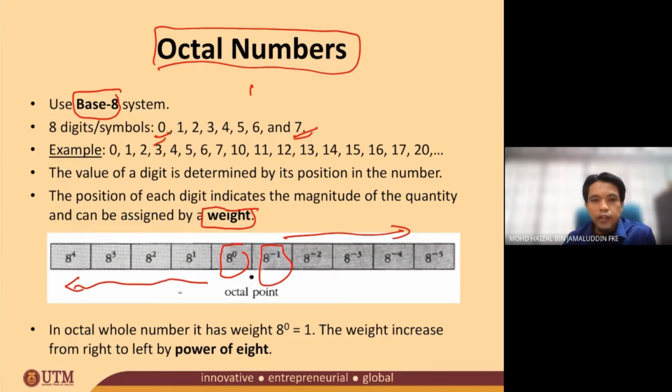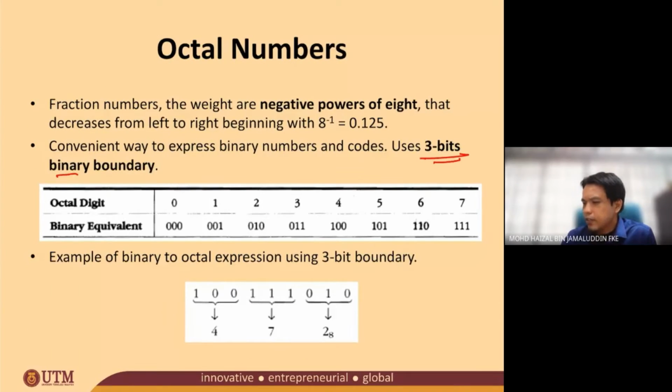For octal numbers, you can change to binary by making what we call a 3-bit binary boundary. Be careful: for hexadecimal, after this, you need to use 4 bits. For octal, you use 3 bits.